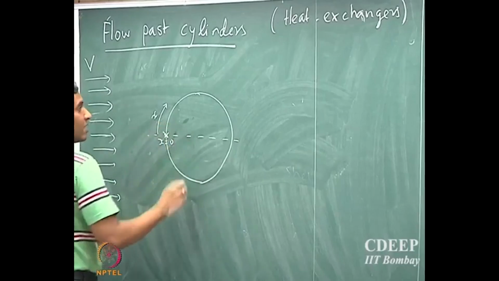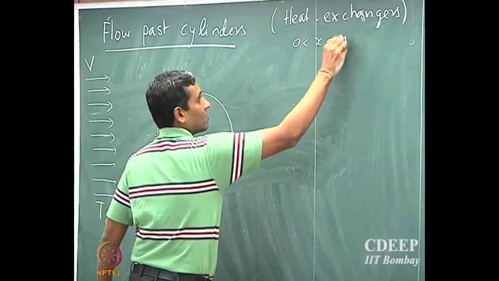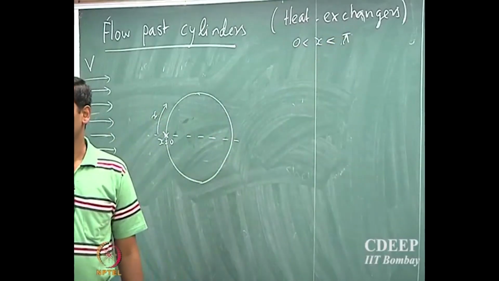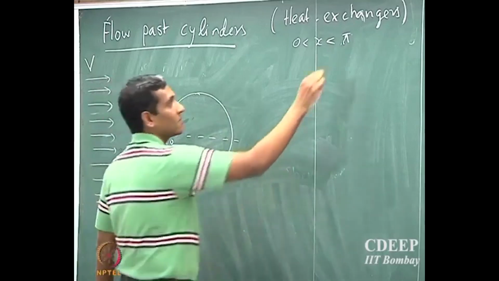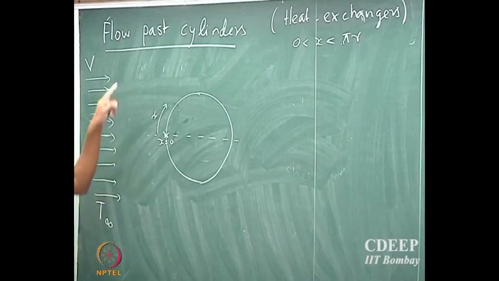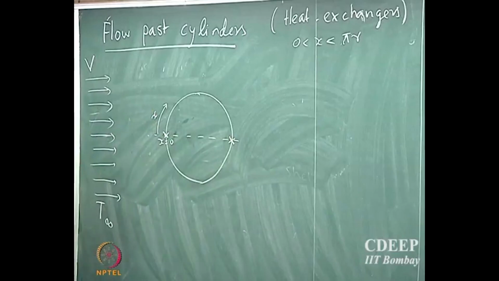So now x really goes from 0 to pi r. 2 pi r is the circumference, and so pi r is the distance going from this end to this end, okay. And it's symmetric, so if I know what's happening on one side, I can easily find out what's happening on the lower bottom of the circle. So it's a symmetric system, axisymmetric system, okay.